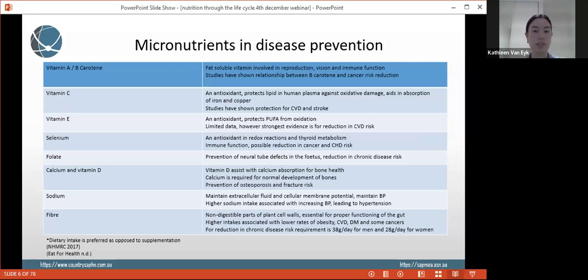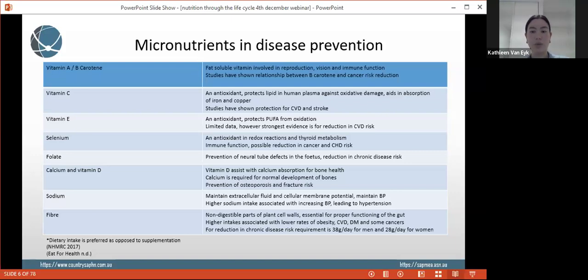Vitamin C, which is an antioxidant, protects against oxidative damage and assists in the absorption of iron and copper. Vitamin E, also an antioxidant. The best evidence we have is for reduction in cardiovascular disease risk.